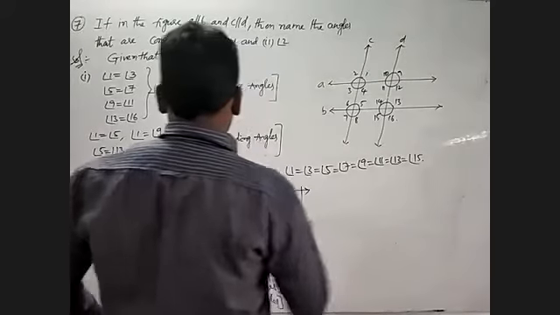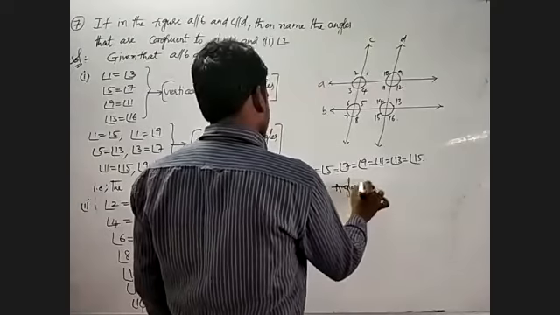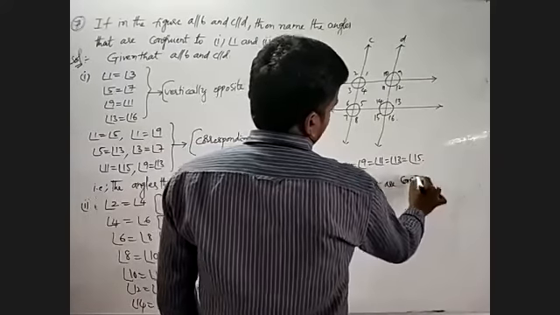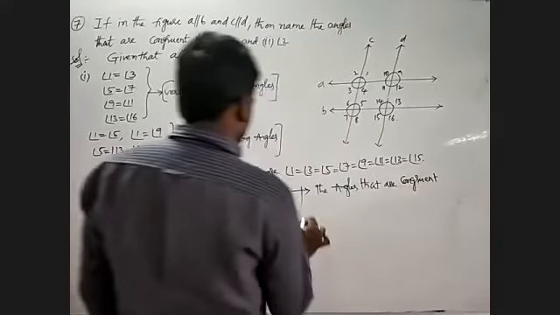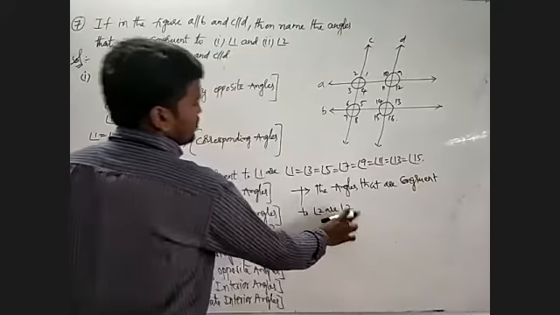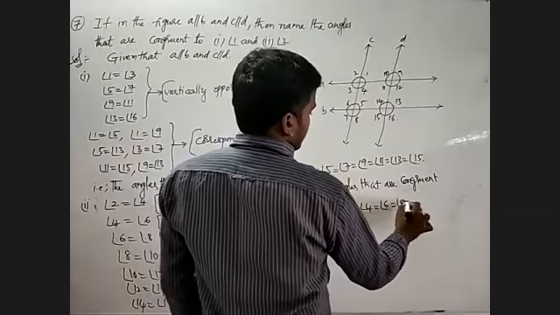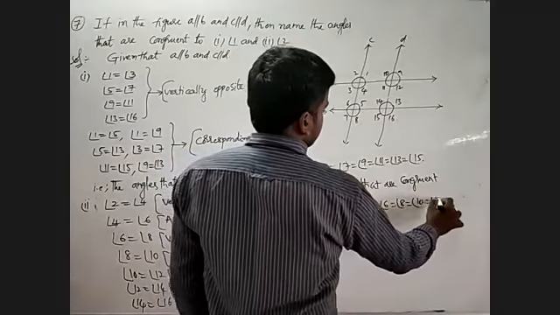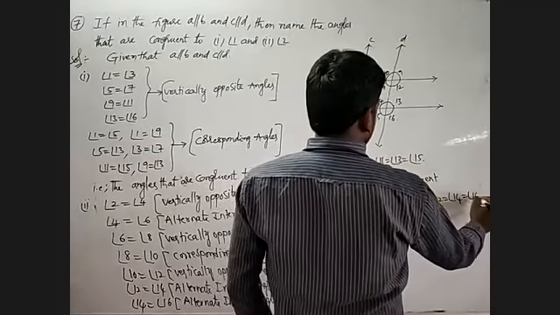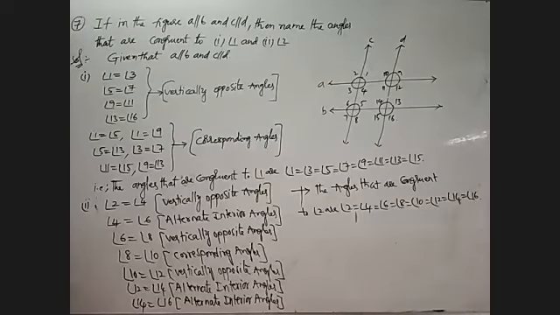I will write the angles that are congruent to angle 2: angle 2 is equal to angle 4 is equal to angle 6 is equal to angle 8 is equal to angle 10 is equal to angle 12 is equal to angle 14 is equal to angle 16. How to write this one?